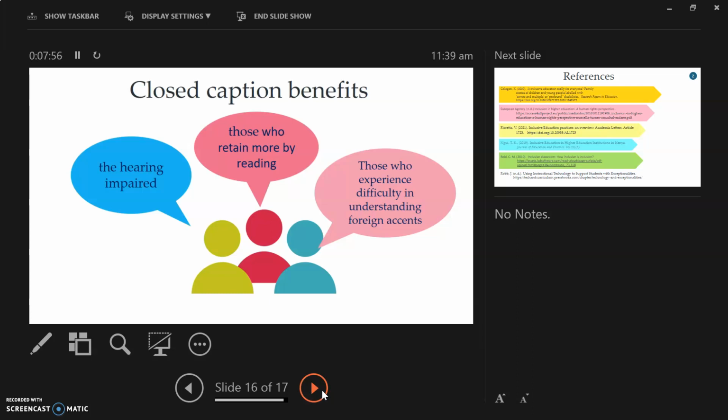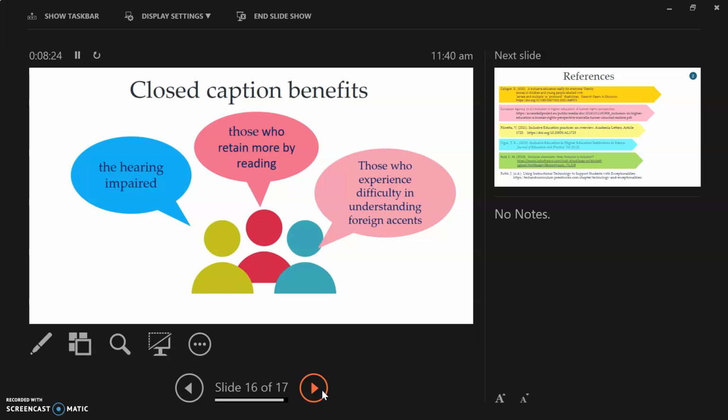Also, as teachers, as lecturers, when you are producing your videos for use in the classroom, you should also activate that feature. If you're using Screencast-O-Matic, like I am doing to produce this podcast, when you're doing the editing, you turn on the closed caption feature.